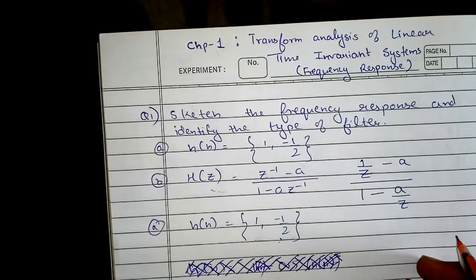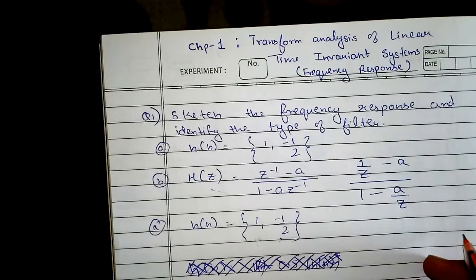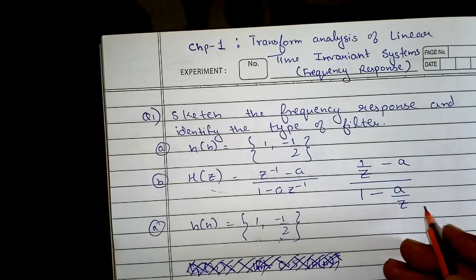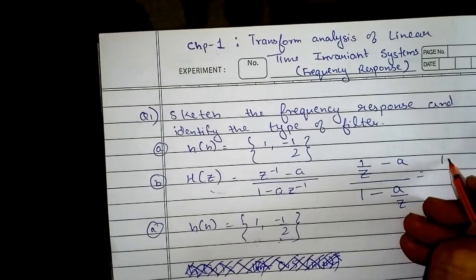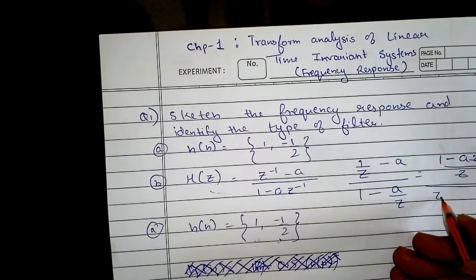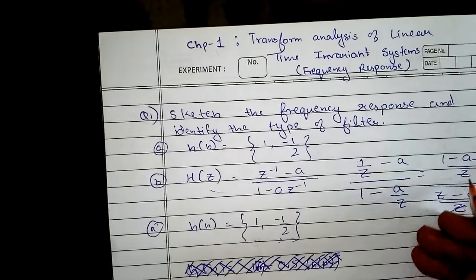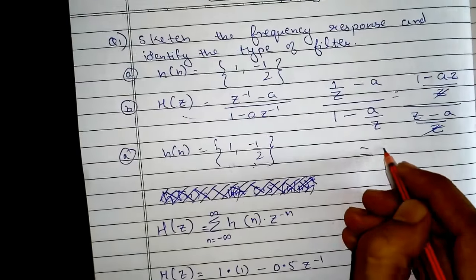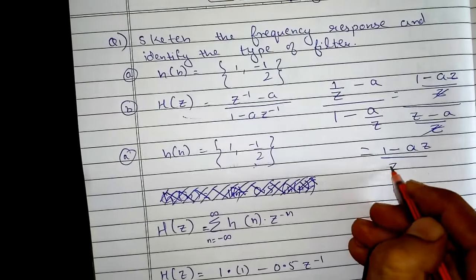Now just equalize the denominator by cross multiplication. You will have 1 minus az upon z minus a upon z. Z will get cancelled. You will have 1 minus az upon z minus a.